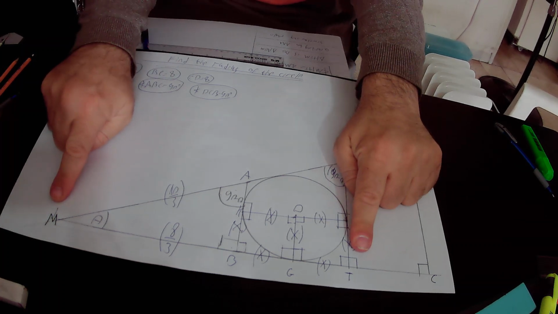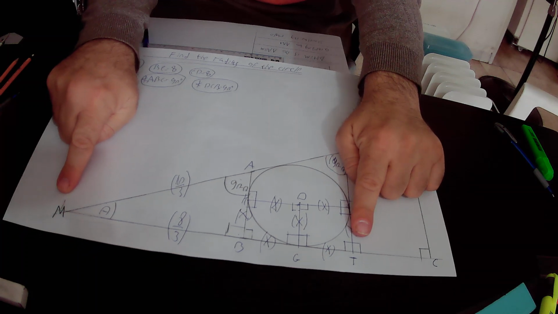TM, from the drawing it is very easy to see that TM or MT in total equals MB plus BT. So MT in total equals MB, that is 8 over 3, plus BT, that is 2x. So in total, MT equals 8 over 3 plus 2x.